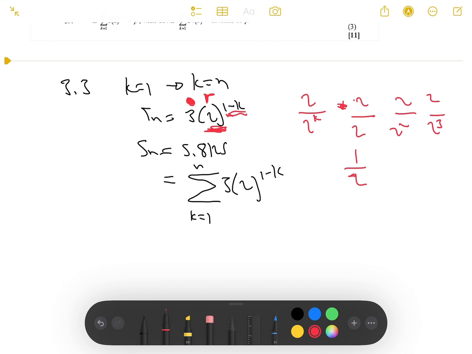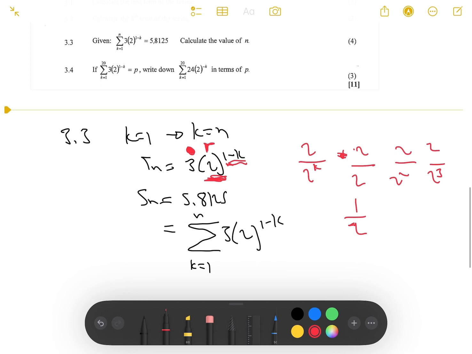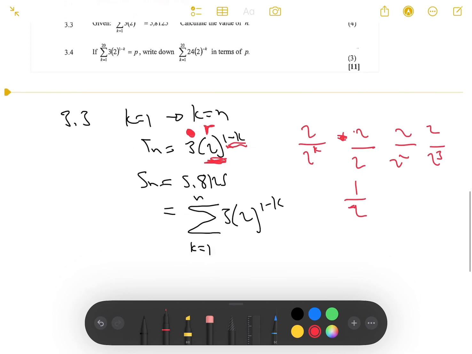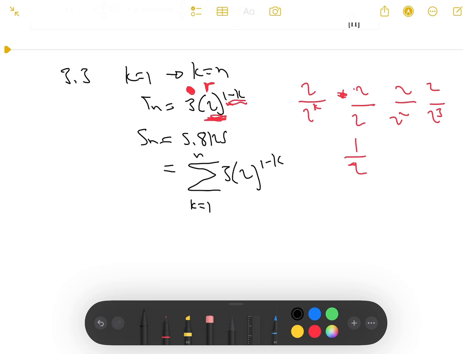I hope that really makes sense. So for us to calculate the value of n, what we have to do is to say Sn is equal to a in bracket 1 minus r to the n, over 1 minus r.